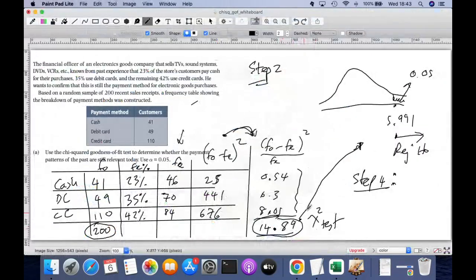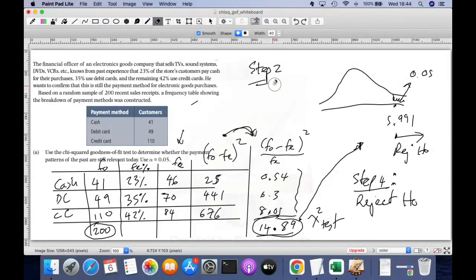Yes, this 14 is way greater than 5.9, so we reject H naught. Very good, everyone. And now we're at the last step. I'm just going to erase this step 2 once we're done with it.